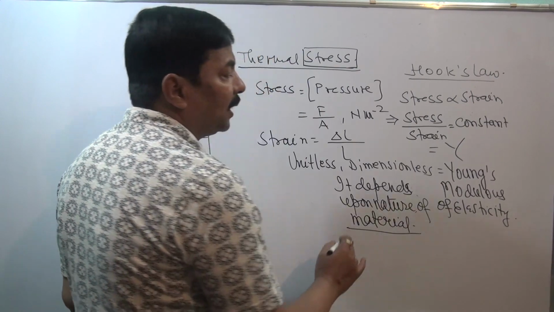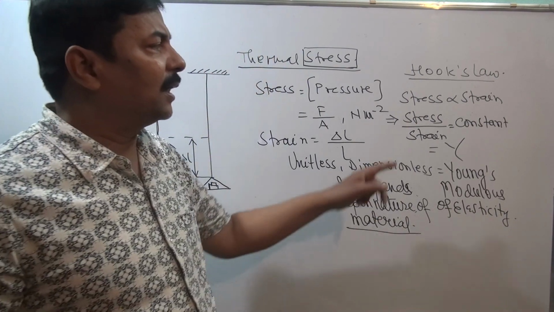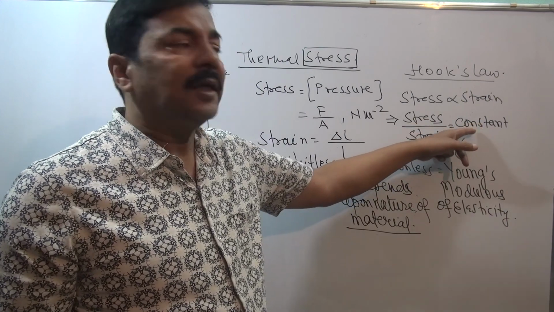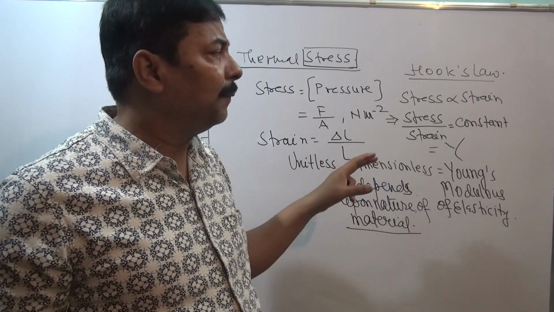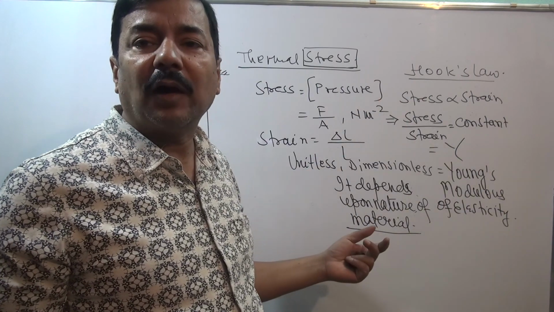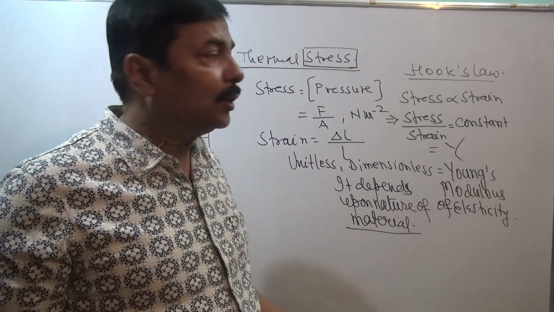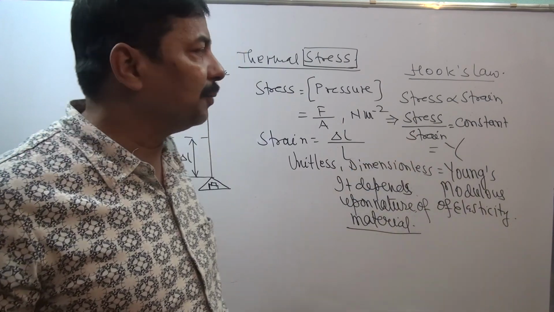It depends upon nature of material. You cannot say that if a stress is more, then the Young's modulus will be more. You cannot say like this. This stress by strain is constant. For iron, it will have the value for iron. It will have the value for copper. It will have the value for other things. So it depends upon the nature of material.